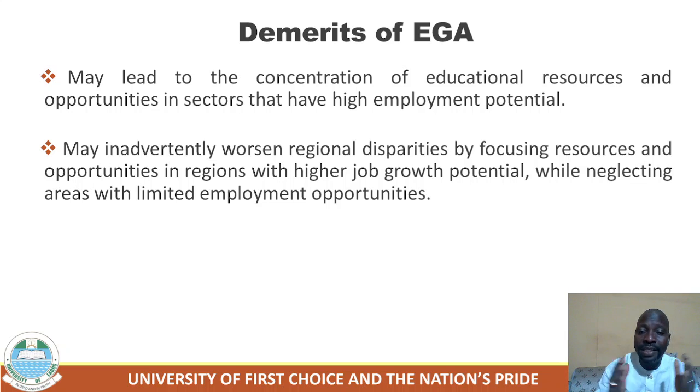So if care is not taken, we will just be concentrating everything within those sectors that we have seen to have potential to create high employment. But we need to balance that situation. So if there is over concentration of educational resources and opportunities in sectors that have high employment potential, it will be disadvantageous in this regard.